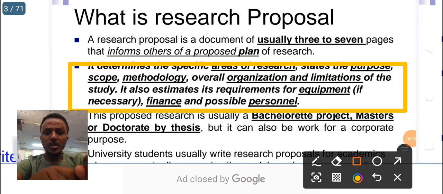A consultant body finances, for example, thesis students and master students. Why does a university finance? Because problems need to be solved for a community, because a university is a service provider. It is not a tangible goods provider.